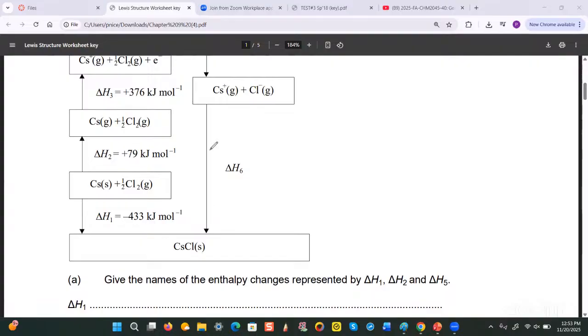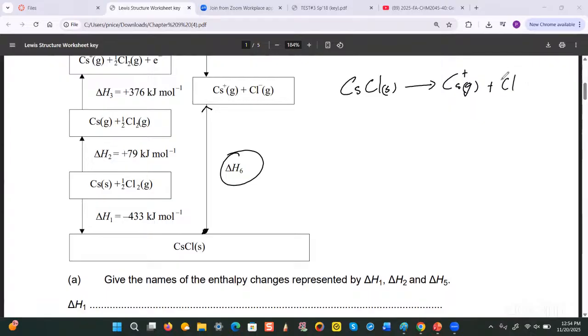So because that's what your textbook says, I'm going to stick to that, which means that I need to reverse this arrow to go from the solid to the gaseous ions, right? So this is what we need to find, delta H6, based on that definition, all right? So please remember the definition that we're going to use, because your textbook says so: the enthalpy change that takes place when your solid is converted to your gaseous ions like this.